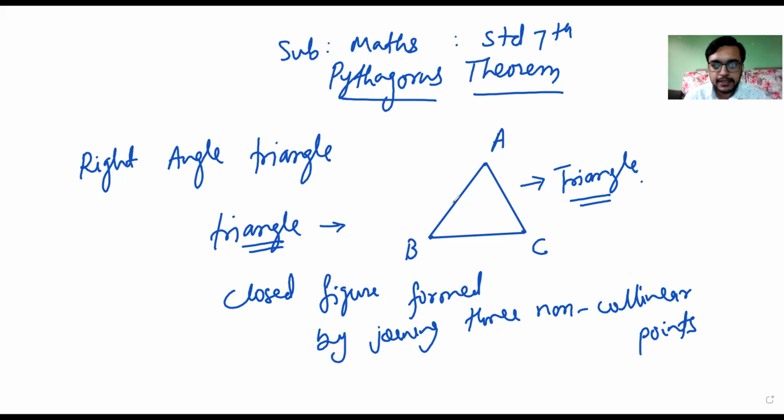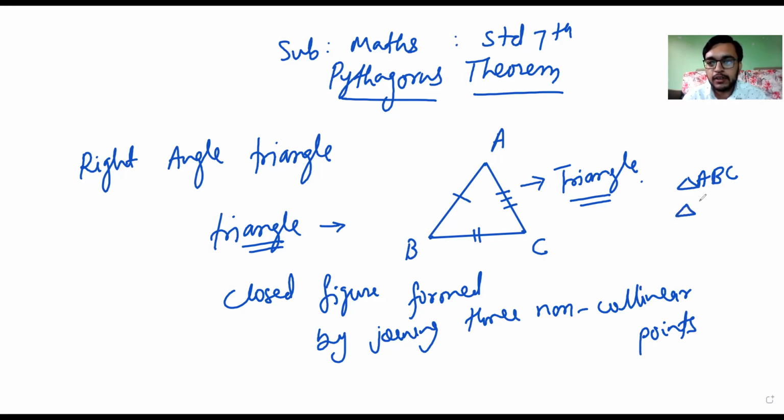And triangle has three sides. Side 1, this is second side, this is third side. Okay. And this triangle is named as triangle ABC. You can write the name in either clockwise or anti-clockwise direction, right?